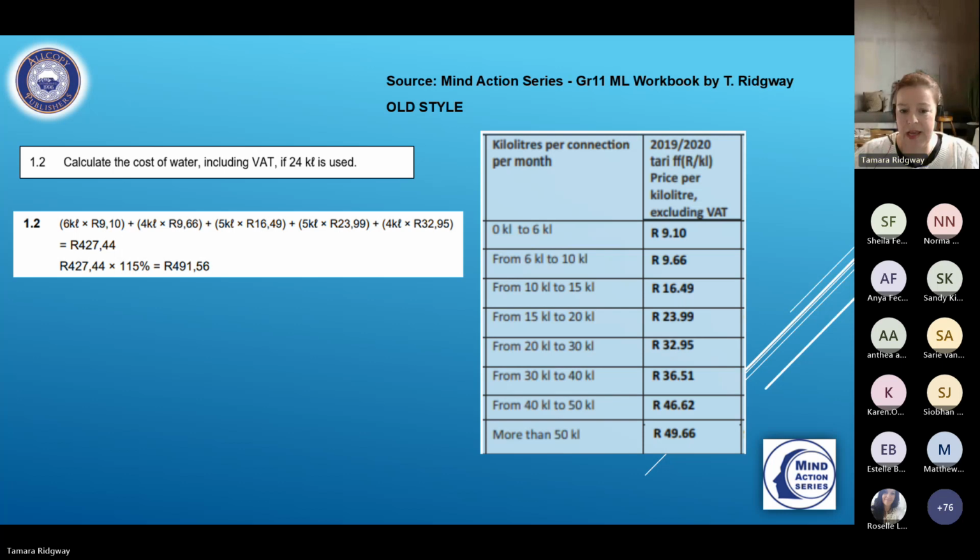You see, in this case, it does tell you excluding that. So I have worked out the total and then only added the VAT on. That's something to draw your students' attention to. And then any other possible admin charges or something like that also needs to be added on after the tariffs have been calculated.